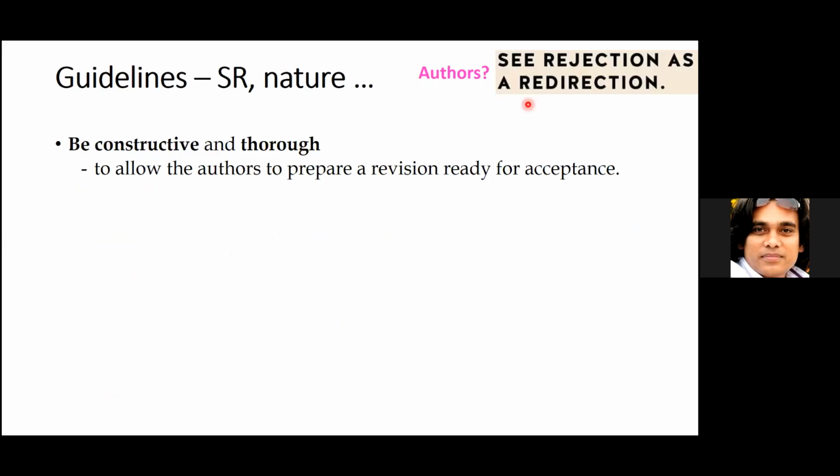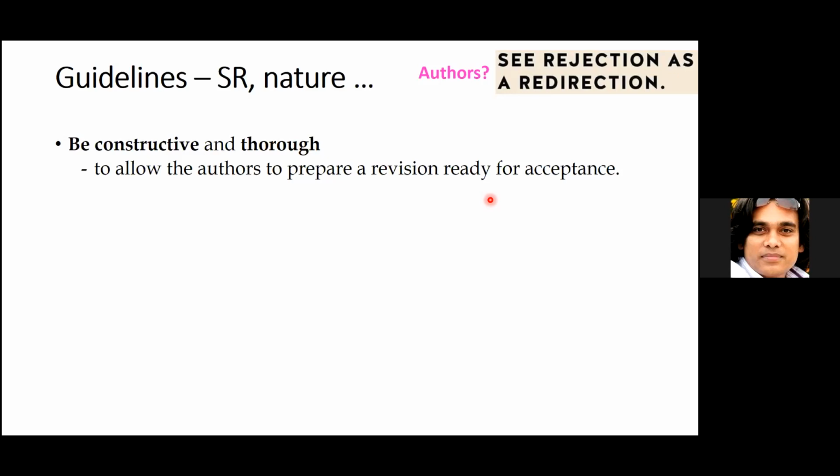So when you get a rejection, okay, find a way to improve the paper. Don't be upset, okay? Be constructive and thorough to allow the authors to prepare a revision ready for acceptance. I mean, you review the paper in such a manner that authors can improve the paper to get it accepted.